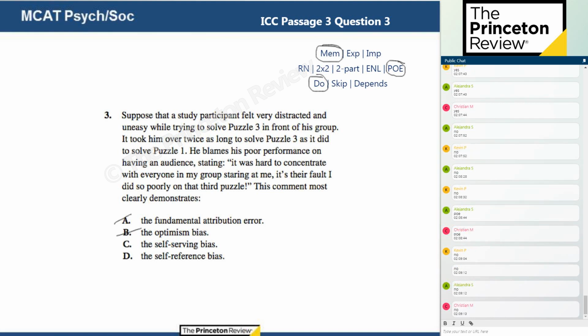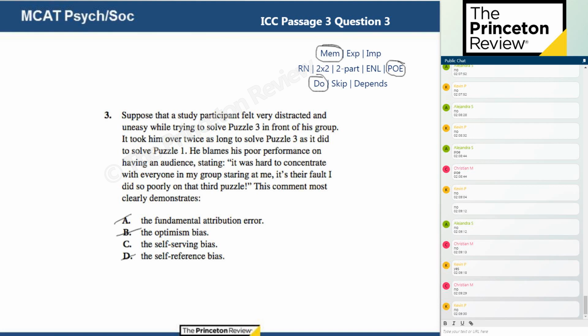No. Is that the self-serving bias? Oh yeah, it is. Is it the self-reference bias? No. And we haven't gotten to these biases yet. We will in just a bit.